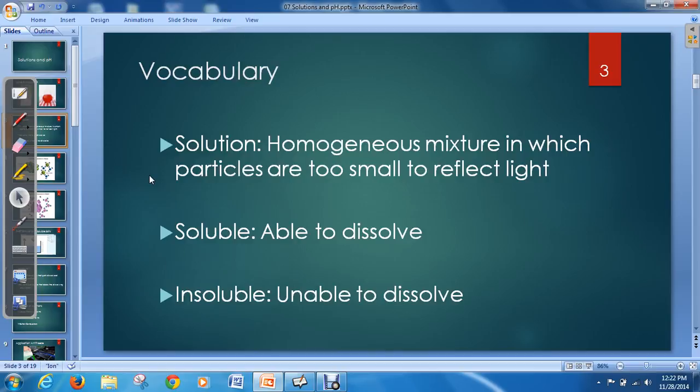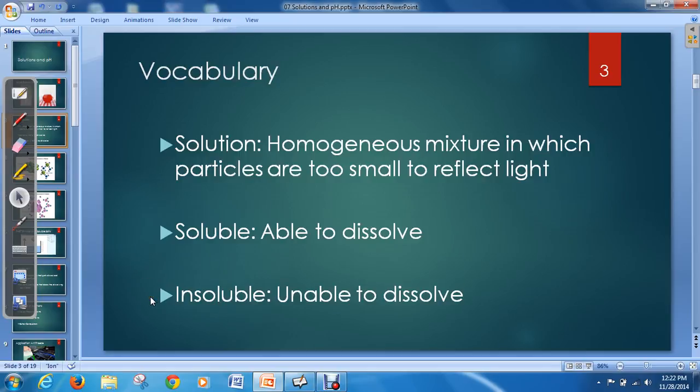Okay, and we also have two other vocabulary words we want to introduce, which are soluble and insoluble. Something that is soluble is able to dissolve into a solution, and something that is insoluble is unable to dissolve. So for example, sugar is water soluble, meaning it can dissolve in water, whereas baking soda, for example, is not water soluble.